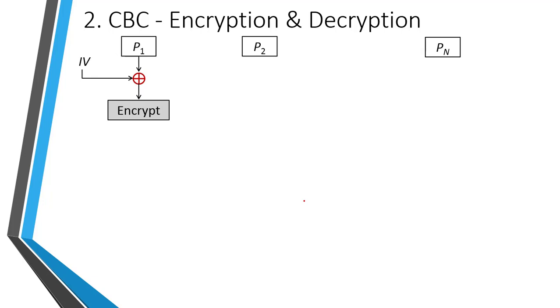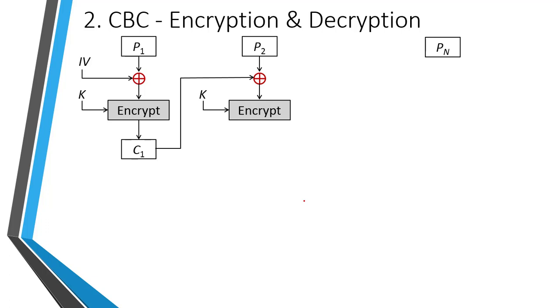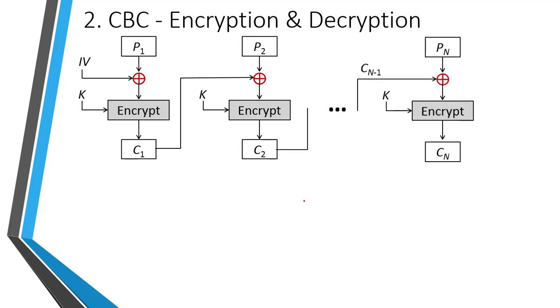In this mode the input to the encryption algorithm is the XOR of the current plaintext block and the preceding ciphertext block, and the same key is used for each block. The input to the encryption function for each plaintext block has no fixed relationship to the plaintext block. Therefore, a repeating pattern will not produce the same ciphertext block.